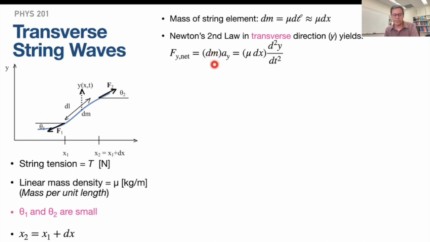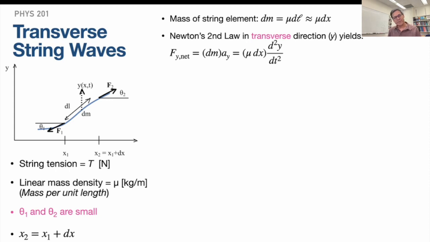It's an infinitesimal mass, and the acceleration is a in the y direction. Again, transverse waves, so that's in the y direction on my graph. But acceleration is just two time derivatives of position. So that's d squared y dt squared as a second order derivative. And the mass, as we just argued, was mu times the length of the string, which is approximately mu times dx if the string is nearly horizontal where those angles are small.